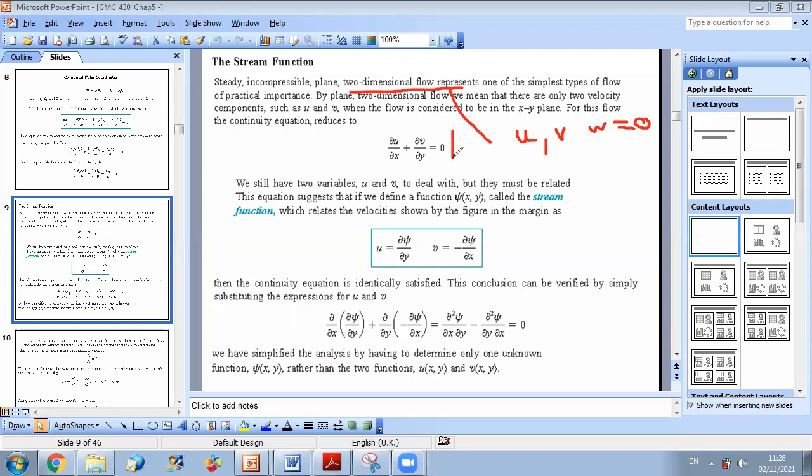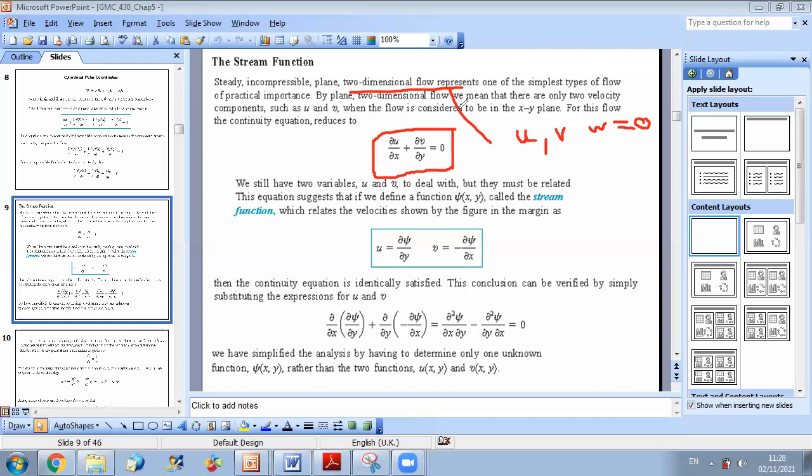Then the continuity equation will reduce to del u by del x plus del v by del y equals 0. The third term, del w by del z, will cancel out because w is equal to 0. So in this case, we have two variables u and v that are needed to define our flow.